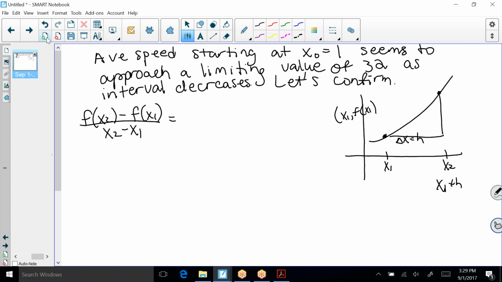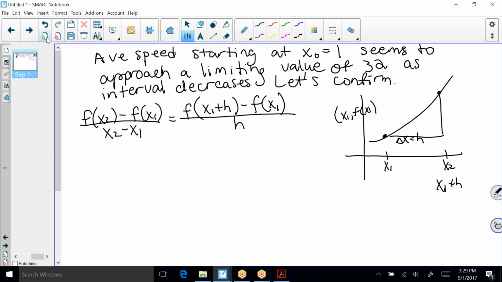We're starting at x sub 1 and we're just adding that little bit h to it. So instead of writing f of x sub 2 here, I'm going to write f of x sub 1 plus h minus f of x sub 1, and we're going to divide that by x2 minus x1. So what's x2 minus x1? Looking at our picture, the difference between x2 and x1 is just our h value.